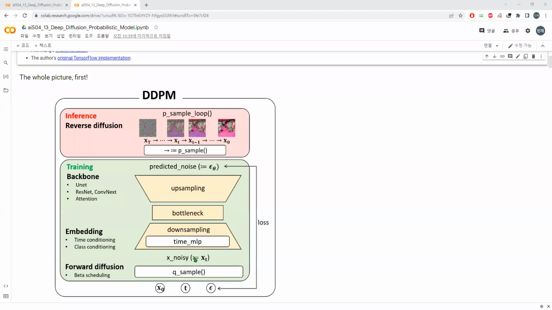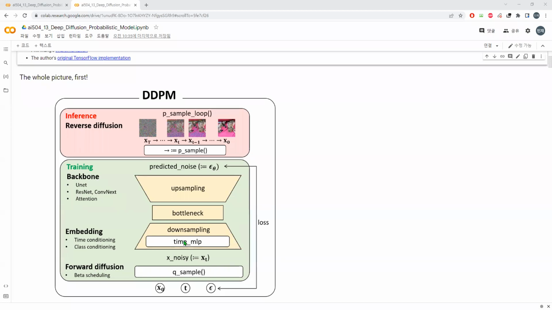And at the early stage in the UNet, in this yellow shaded UNet, before applying the convolution operation to x noisy, we embed the time step information t. This time embedding layer makes the network know at which particular time step it is operating.